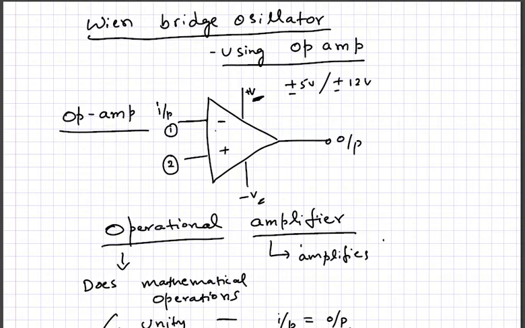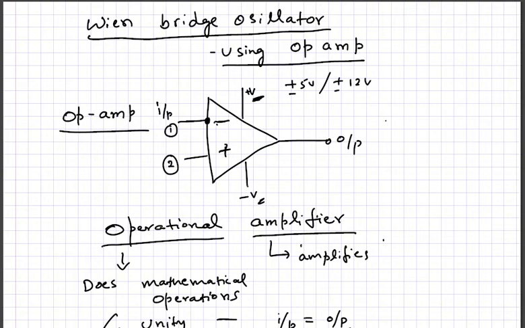The interesting thing is the minus sign and plus sign here. What does that mean? Suppose you feed the input to the inverting terminal, as this is called. If you feed it to this terminal here, then the output will be the negative of the input.